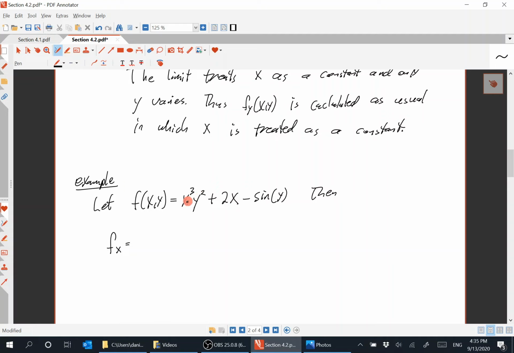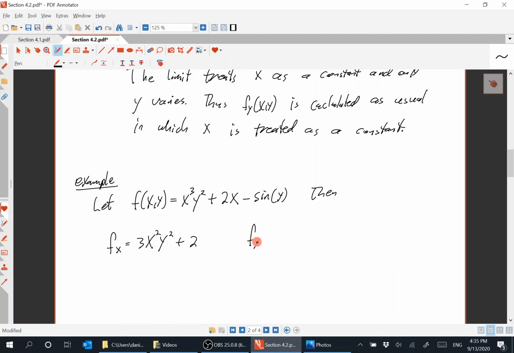So the derivative is 3x squared times the constant y squared. x is just treated as the variable, y is treated as a constant. So when you have a constant, you just take the derivative and leave it multiplied by that constant. The derivative of 2x with respect to x is just 2. And sine y is a constant, so the derivative is 0. So the derivative with respect to x is 3x squared y squared plus 2.